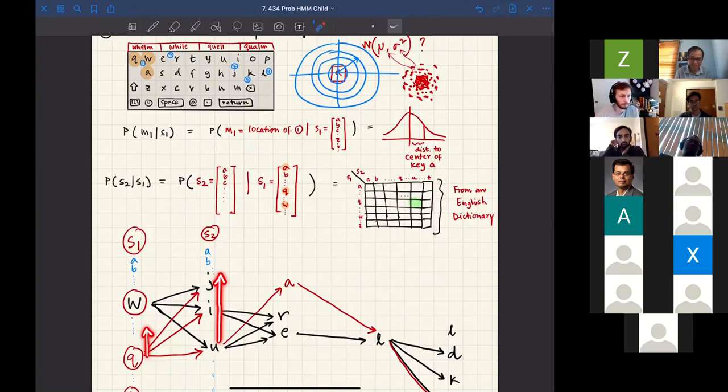But then the third measurement, QUA. Actually, if you look at the words that start with QU, many of those words may have A in them. Quasi, quam, quadrant, right? So my motion model is saying good for A, but my measurement is saying, nah.